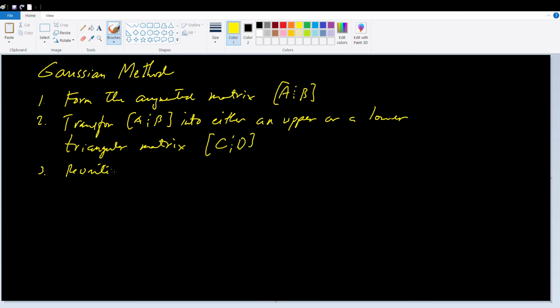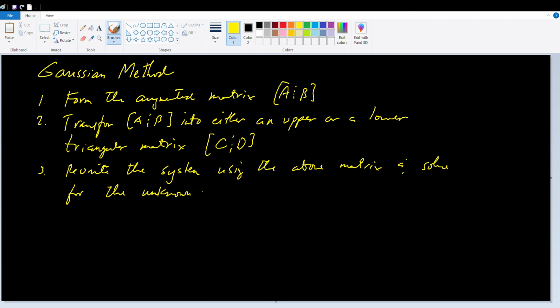Then rewrite the system using the above matrix and solve for the unknowns using back substitution for the upper triangular matrix or forward substitution.